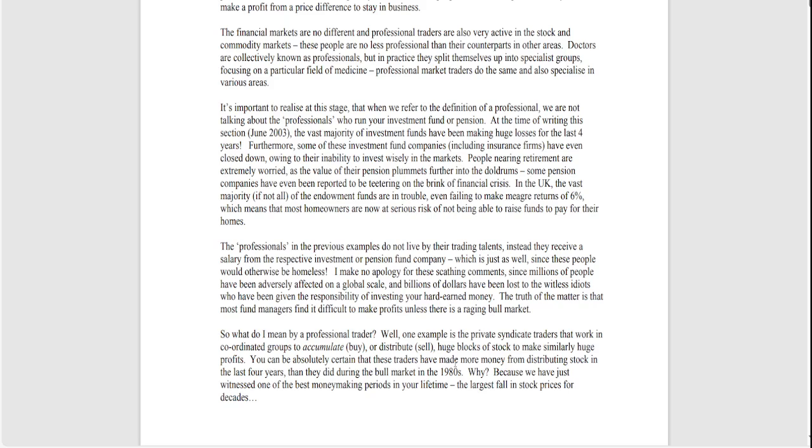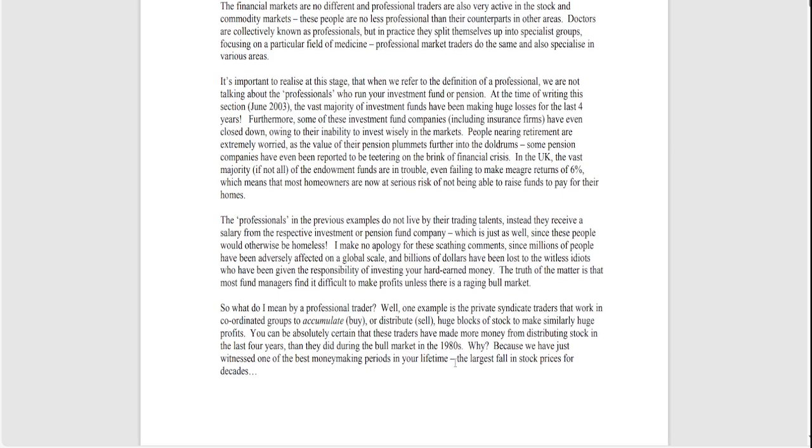Those are the private syndicate traders. They are the professional traders, the smart money, the big fish, profiting from the financial markets, whether forex or stock or whatever.